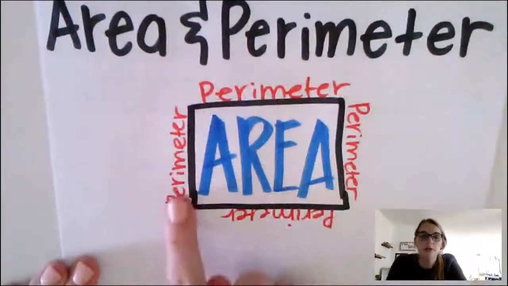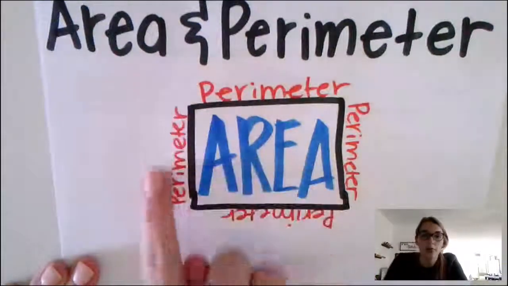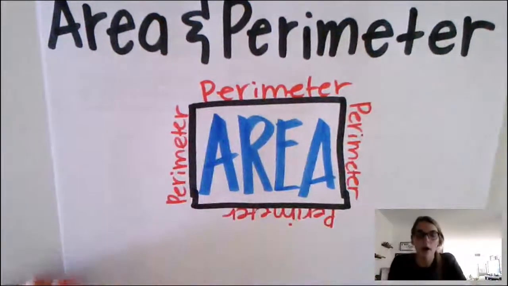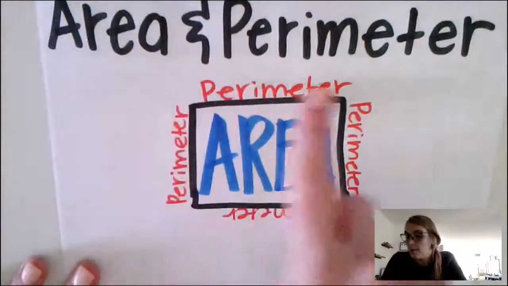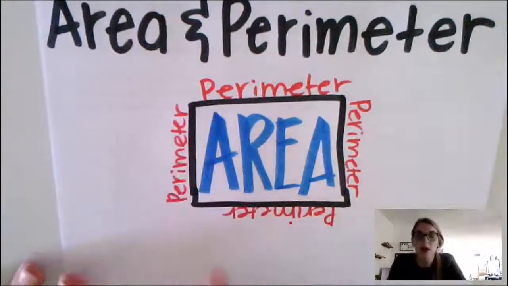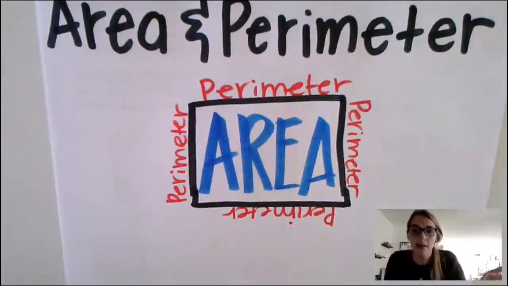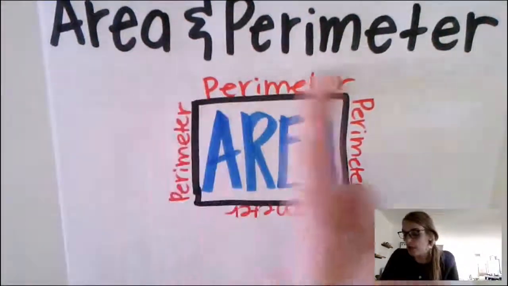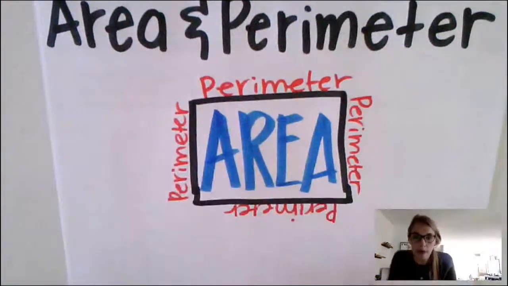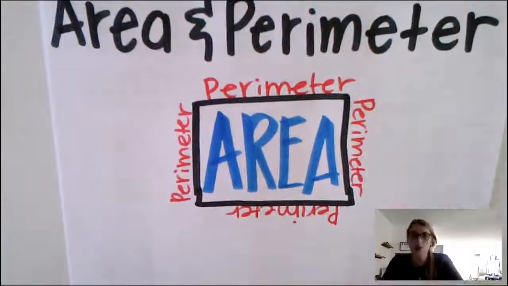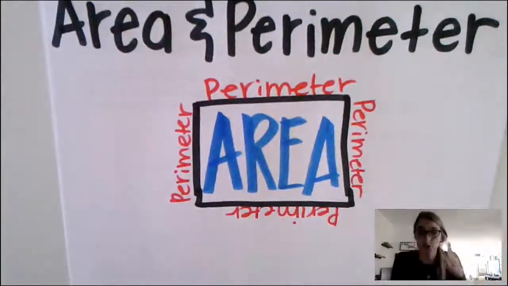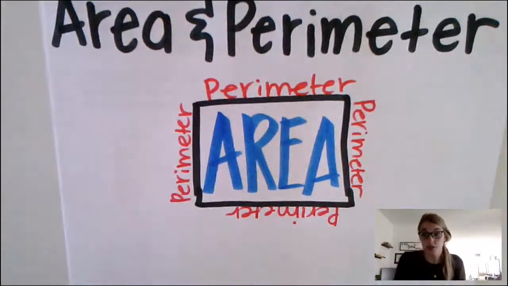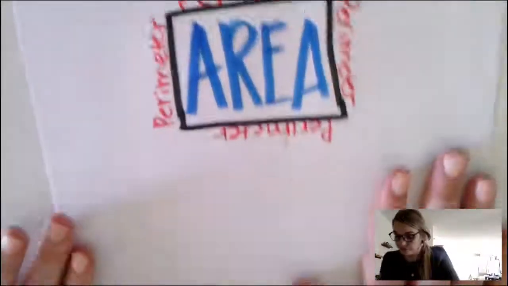The perimeter is what we talk about when we're talking about the border of something. The perimeter is around, like a fence, or Callum and I were talking yesterday about how it could be walking around a park. So in order to solve these, you need to know the formulas for area and perimeter.